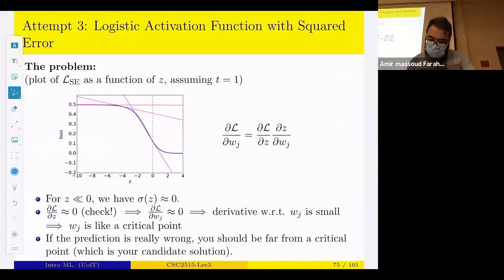Suppose I'm plotting the squared error loss as a function of z, assuming that the target is supposed to be 1. When the target is supposed to be 1, what type of z do we prefer, positive z's or negative z's?